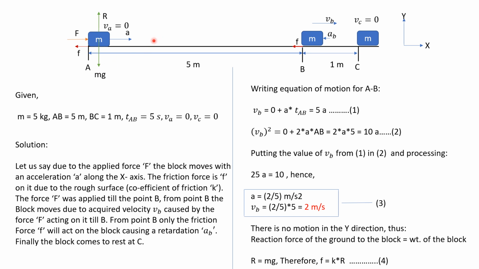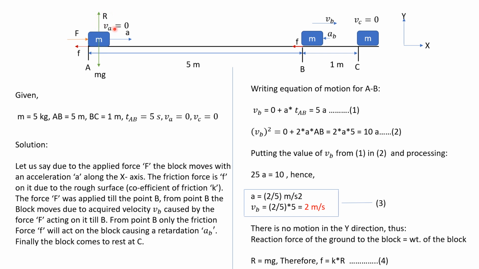The surface is not frictionless, so the friction force will always act against the motion of the block. The block is moving in the X direction, so the friction force, small f, will be acting in the opposite direction.